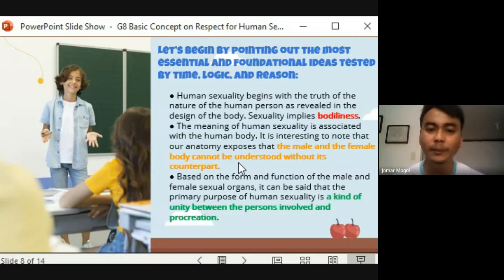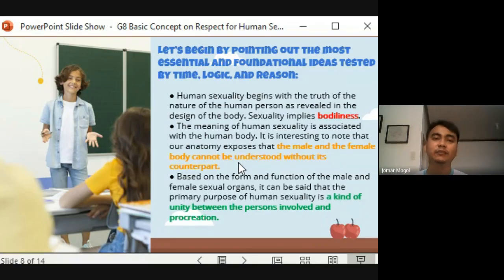So first, human sexuality begins with the truth of the nature of the human person as revealed in the design of the body. Sexuality implies bodiliness. So it pertains to our genitals or our private parts. So the meaning of human sexuality is associated with the human body. It is interesting to note that our anatomy exposes that the male and the female body cannot be understood without its counterpart.